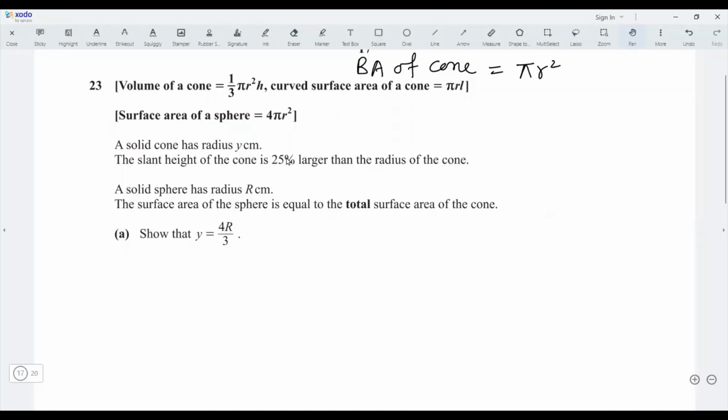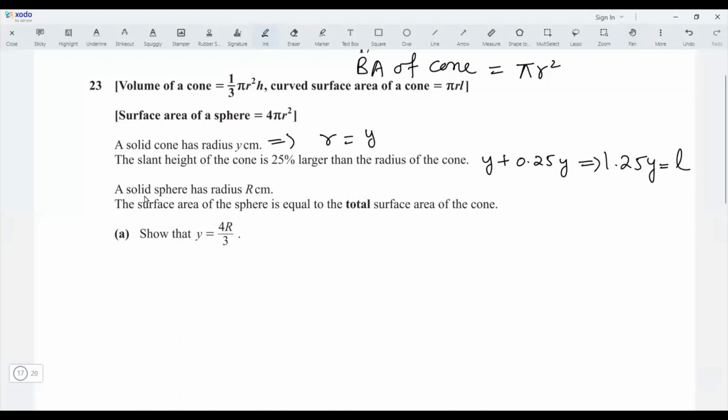So if it is y, we can write it as y plus 0.25y. Radius plus 25% of that radius. So it is basically the slant height. It is 1.25y. This is the slant height, represented as L. And the radius is represented as y.